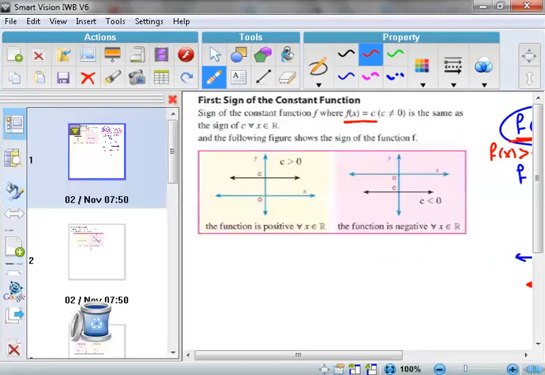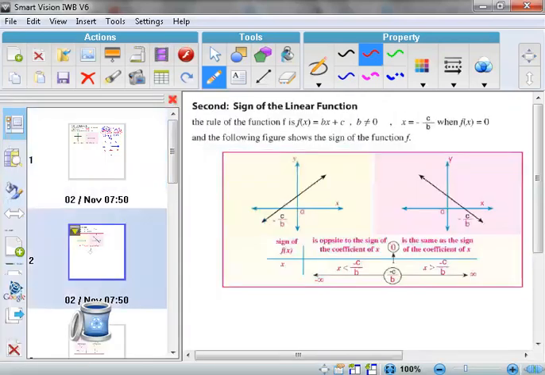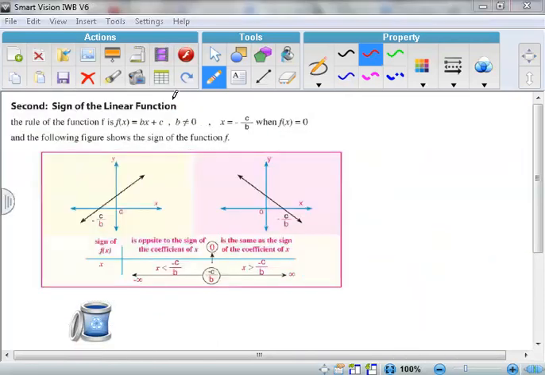Let us go to the second type: the straight line, the function of first degree. A function of first degree we call a linear function.